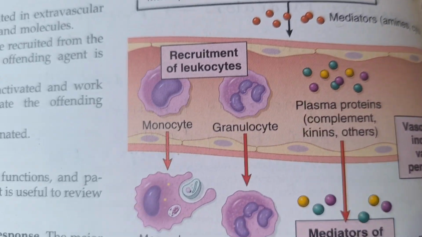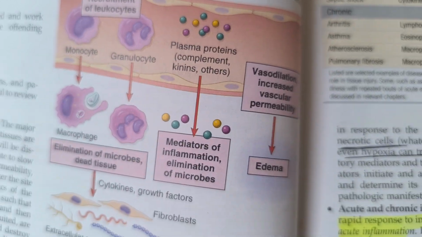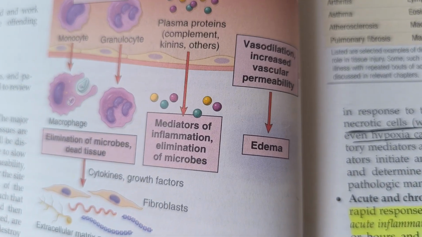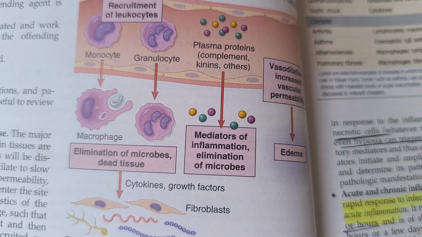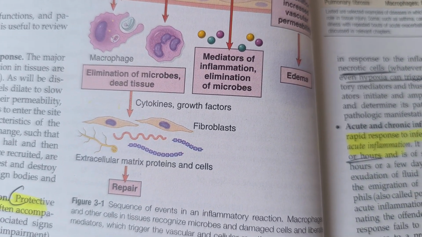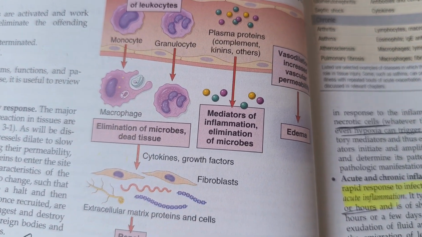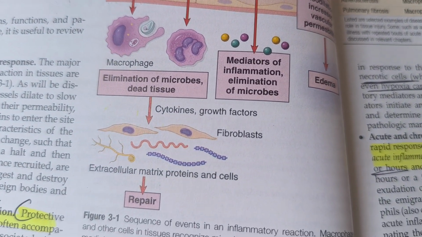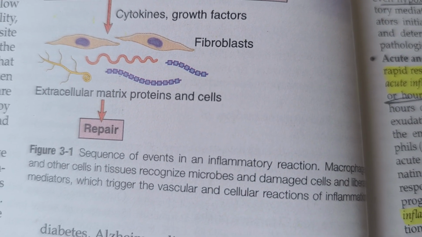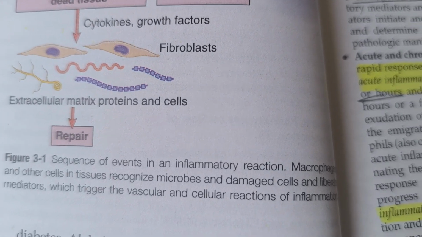Recruitment of the leukocytes, monocytes, granulocytes, and plasma proteins such as complement and kinins. Vasodilation and increased vascular permeability lead to edema. Macrophages and granulocytes eliminate microbes and dead tissue, and plasma proteins, complement, kinins and other mediators of inflammation aid elimination of microbes. Cytokines, growth factors, fibroblasts, extracellular matrix proteins and cells carry out repair.